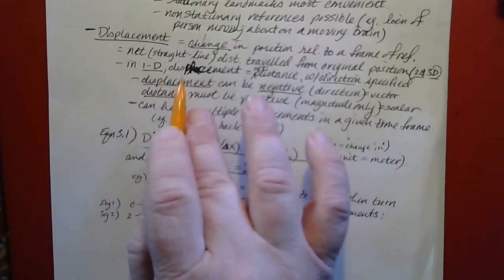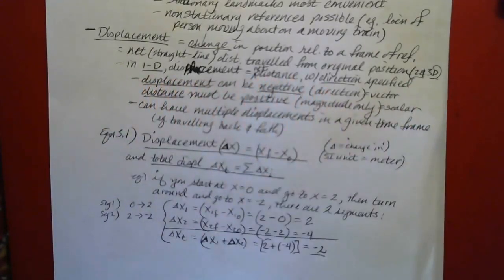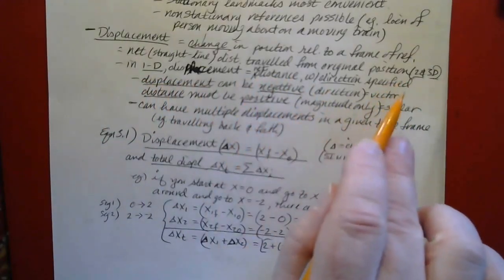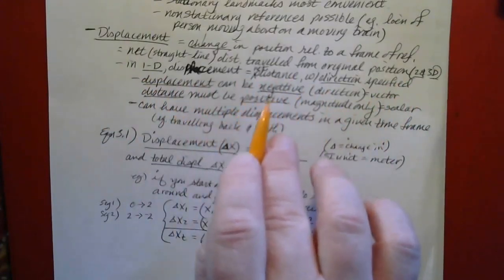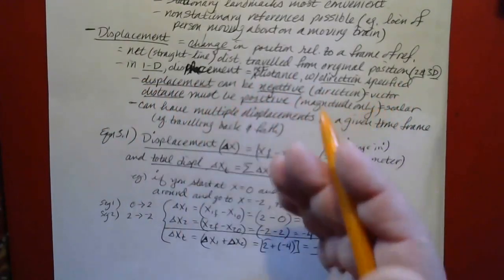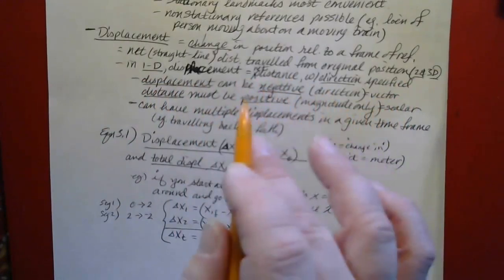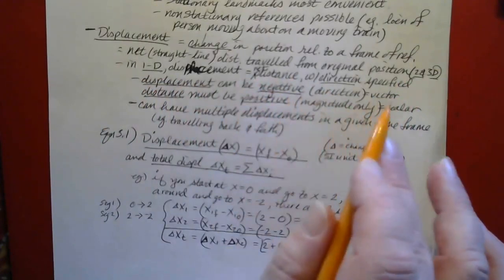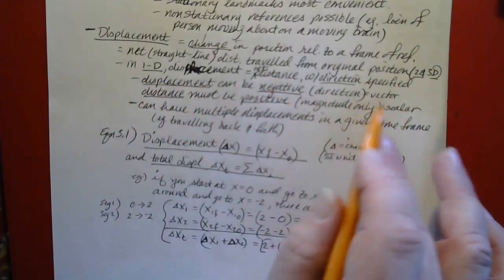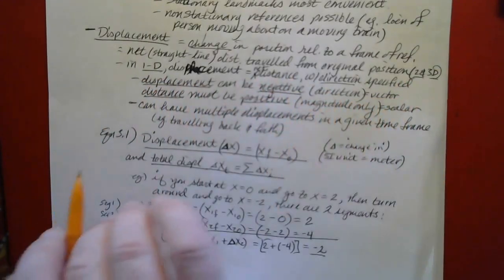In 1 dimension, you usually think of it more as the net distance with direction specified relative to the starting point. And displacement can be negative because, remember, positive and negative refer to directions. And so displacement can be negative because displacement is a vector and vectors have direction, which can be positive or negative.